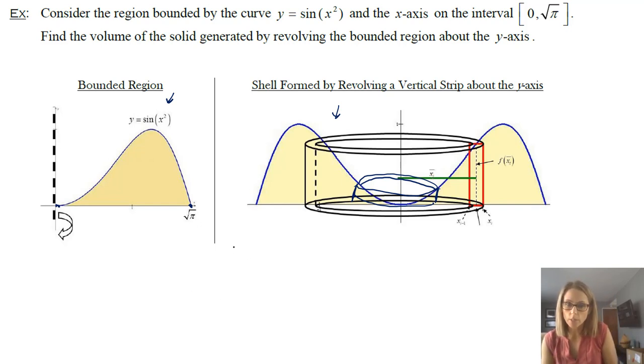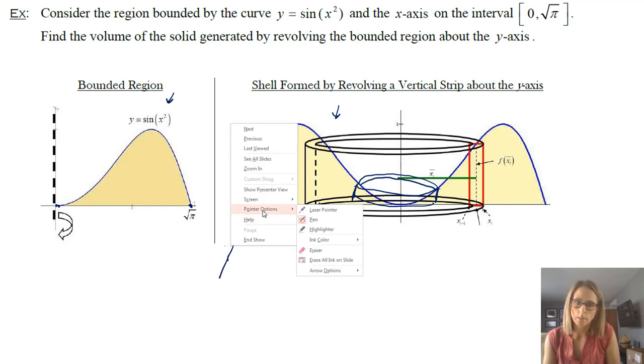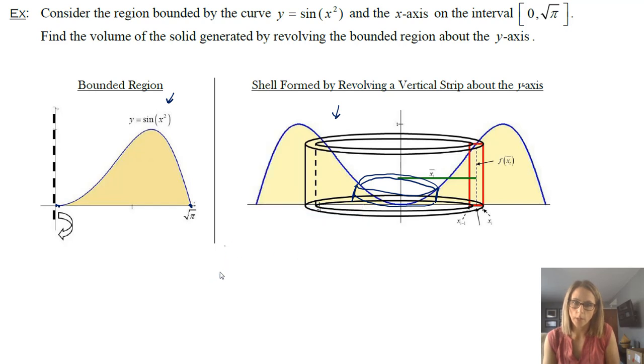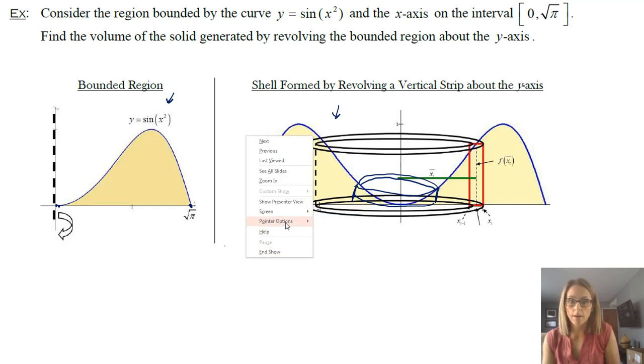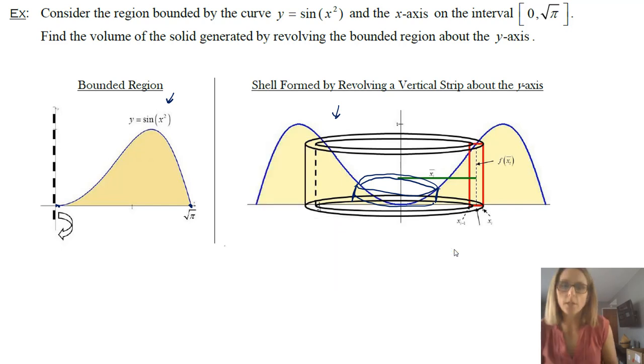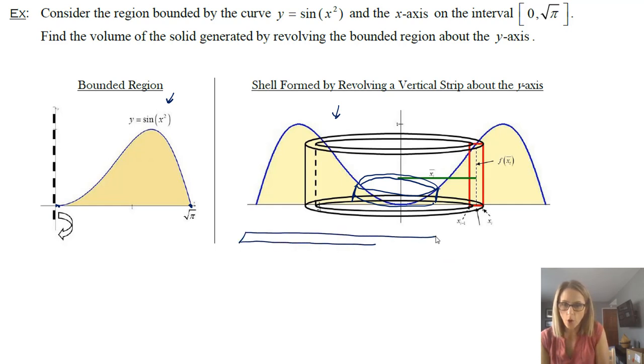So let's think about if you just had one slab, and now we come back to the idea of doing the three-dimensional picture on a two-dimensional plane here. But if you think about one of these cylindrical shells, and if you were to open it up and lay it out, that's what we're trying to do. Maybe a little more like this. Okay.